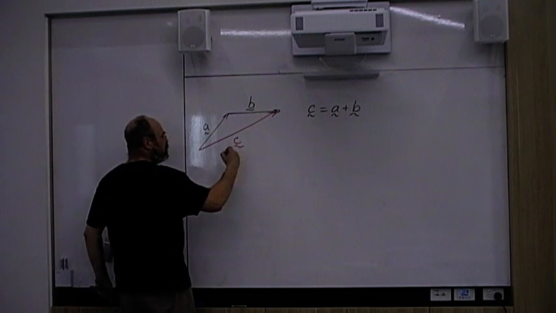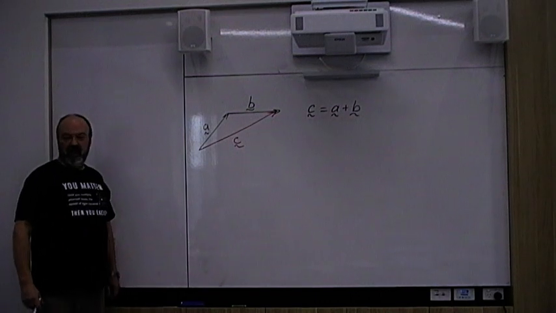So that will be vector C equals vector A plus B.